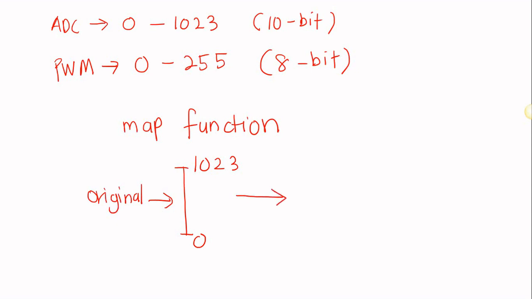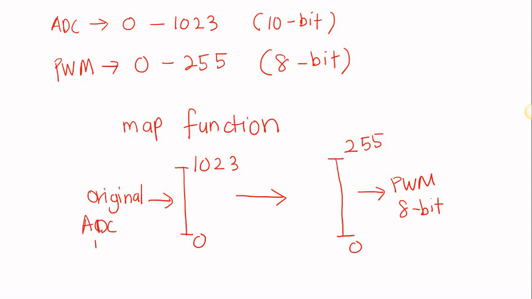Now, by using this map function, you are going to convert this value to a new level, from 0 to 255, which fits the PWM implementation. Because PWM in Arduino is 8-bit data, while the analog ADC is 10-bit data.